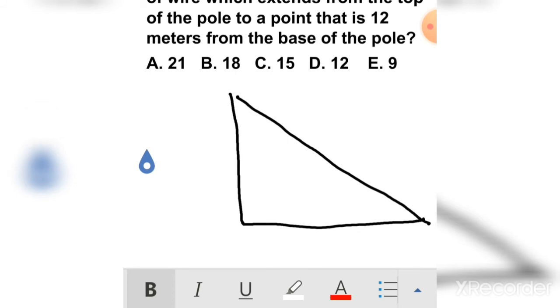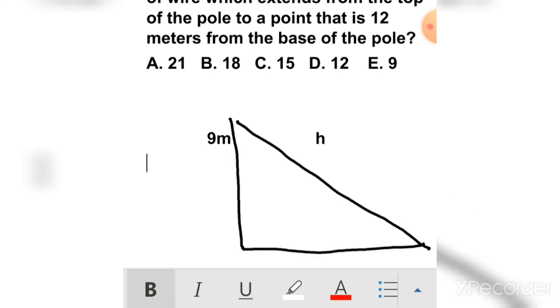Now we can solve for the length of the wire by the Pythagorean theorem. So this pole is 9 meters tall. And our hypotenuse is what we are going to solve for. It's the length of the wire.